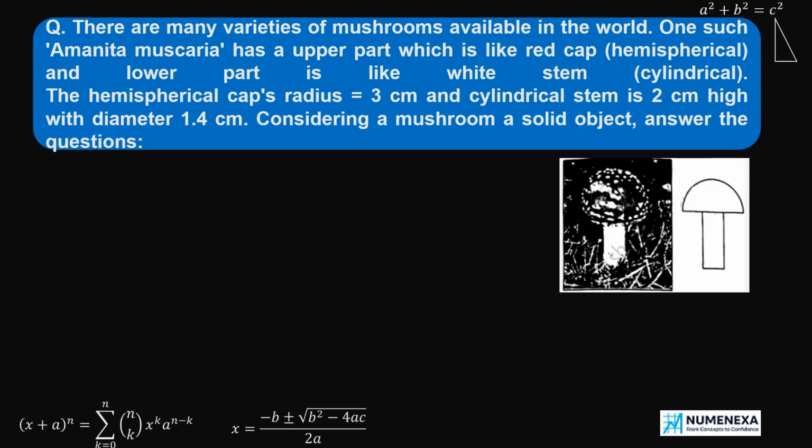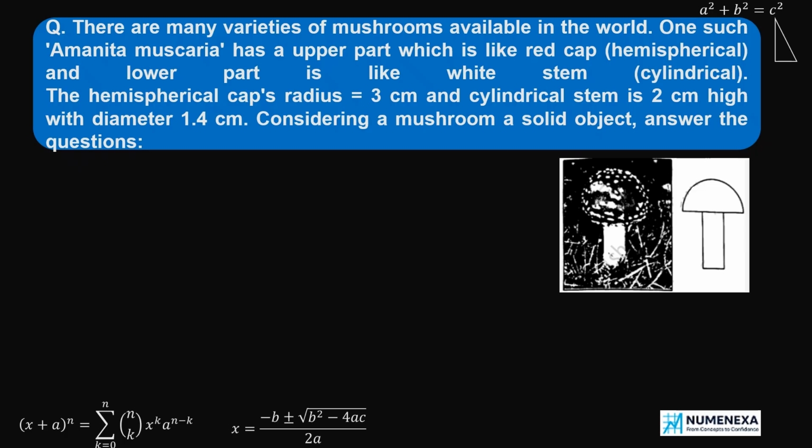So after reading the question, we arrived at a conclusion that this question basically belongs to the mensuration topic, and the solid object mushroom is visualized as a combination of a hemisphere and a cylinder.